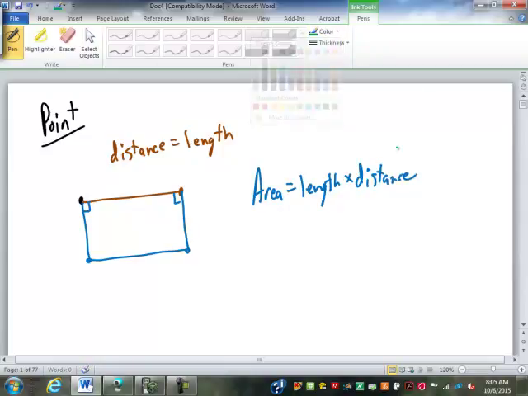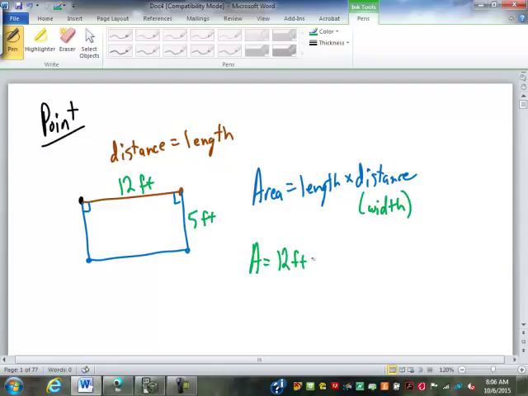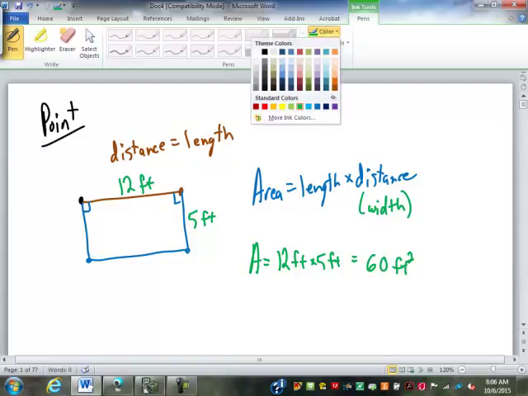Often the distance was called a width if it was a rectangle. So if this was 12 feet long, and this was 5 feet that we moved it, the area was 12 feet times 5 feet, or 60 square feet, or 60 feet squared.